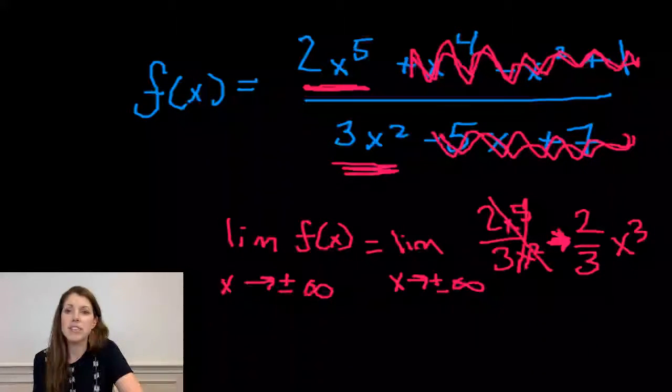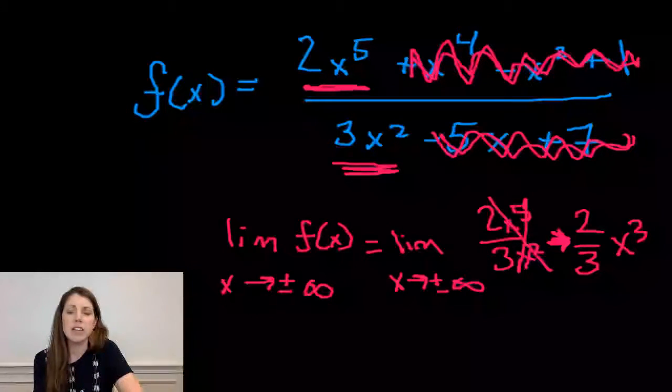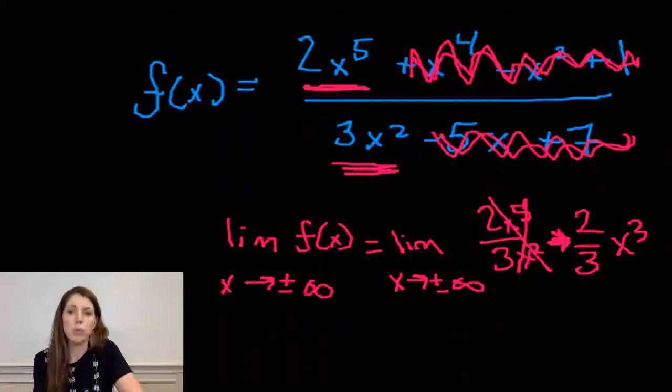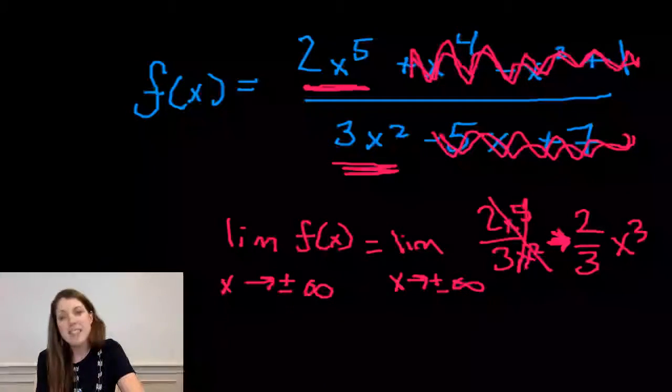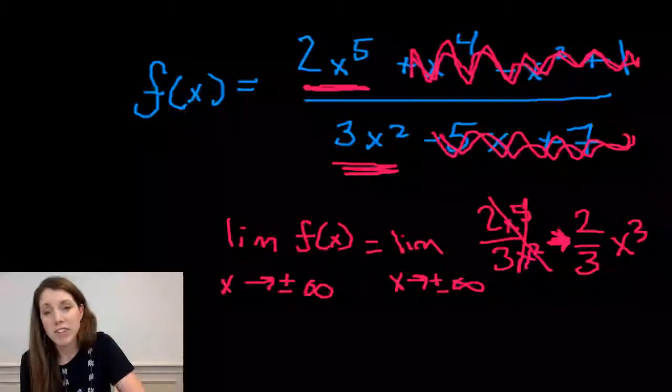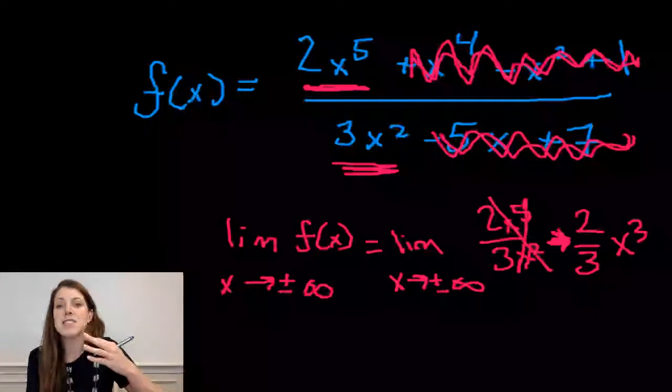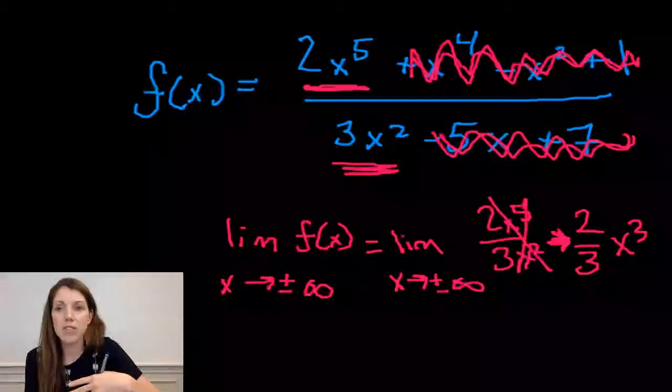So what happens is, the limit as we go towards infinity, if I were to plug in positive infinity here, we would have 2/3 times infinity times infinity times infinity, which is just growing towards infinity really fast. If I were to plug in negative infinity, I'd actually have 2/3 times negative infinity times negative infinity times negative infinity, which is growing towards negative infinity very quickly.